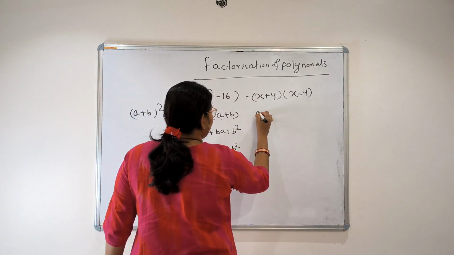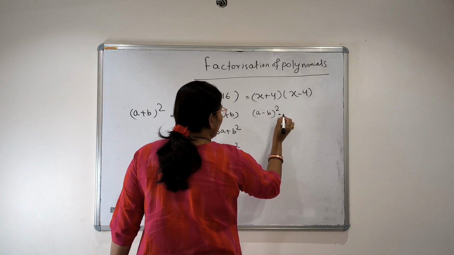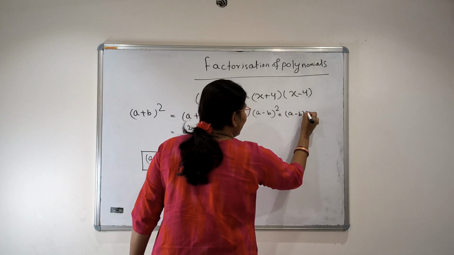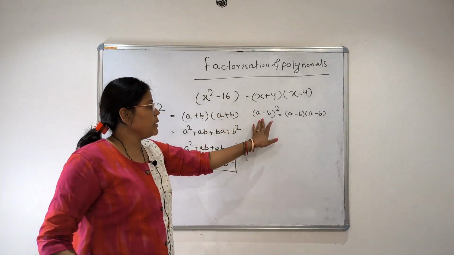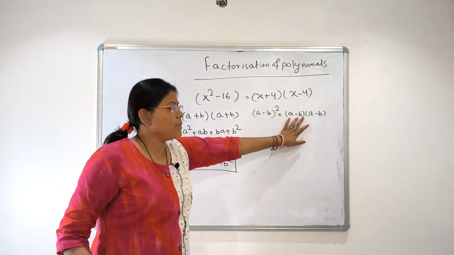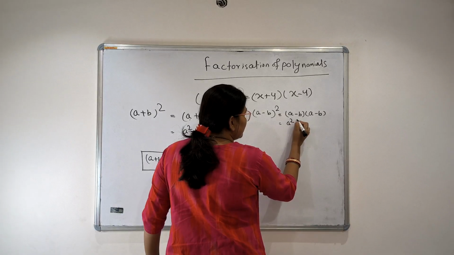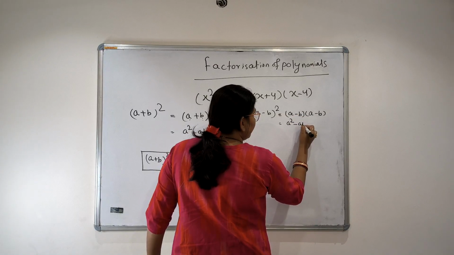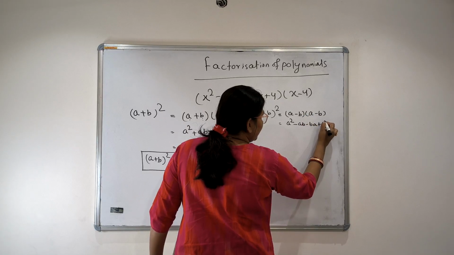Similarly, we can derive the formula a minus b whole square. A minus b whole square is equal to a minus b into a minus b. Now multiply: a into a is a square, minus ab, minus ba, minus into minus plus b square.